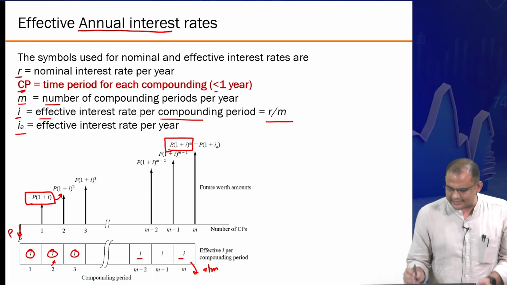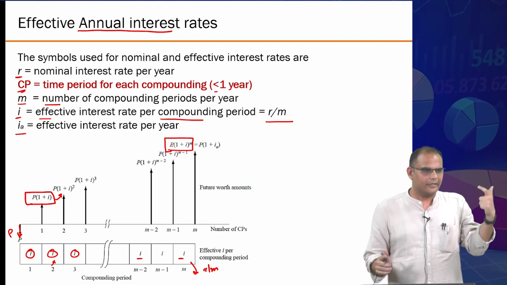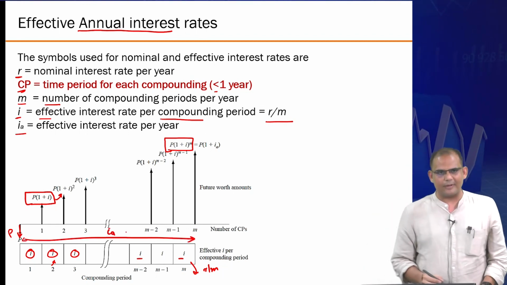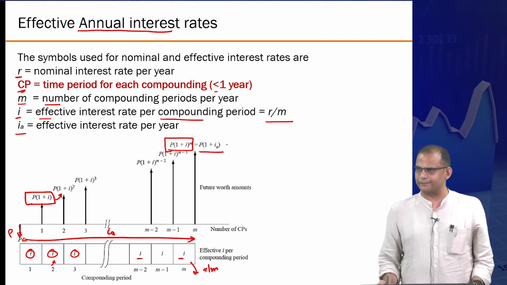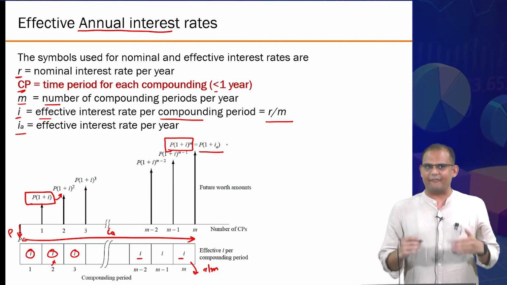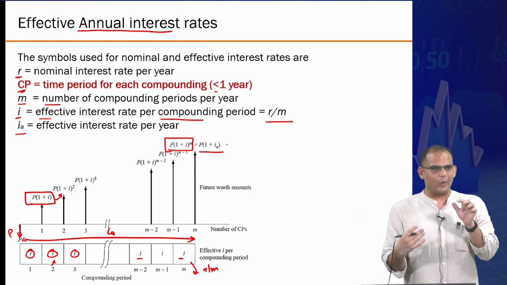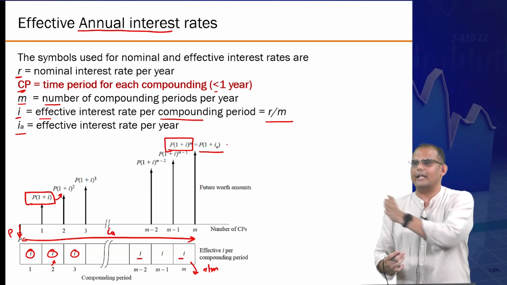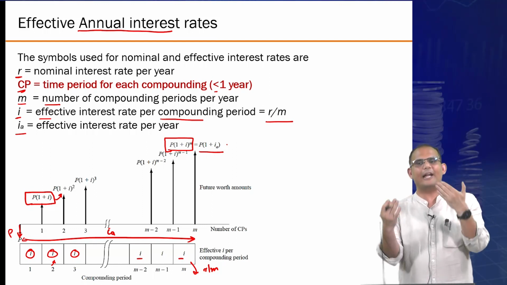And what I am saying is, instead of all this, if I want to use one single effective rate which is equivalent for this entire period, my formula for the same P value will become P into 1 plus IA. Making sense? I have calculated the future value using two methods. One is the intermediate period, where for each period we have a small I rate, and we can calculate P into 1 plus I to the power M. But I am asking about finding an effective rate.